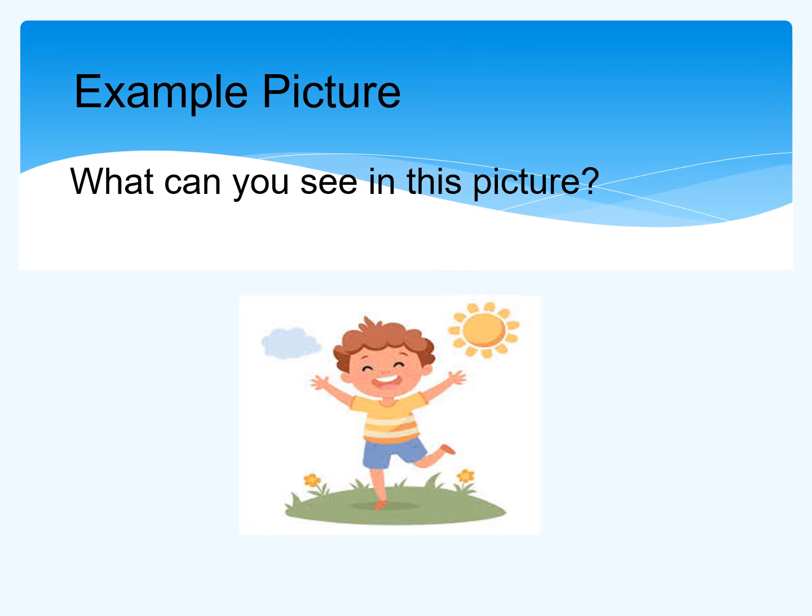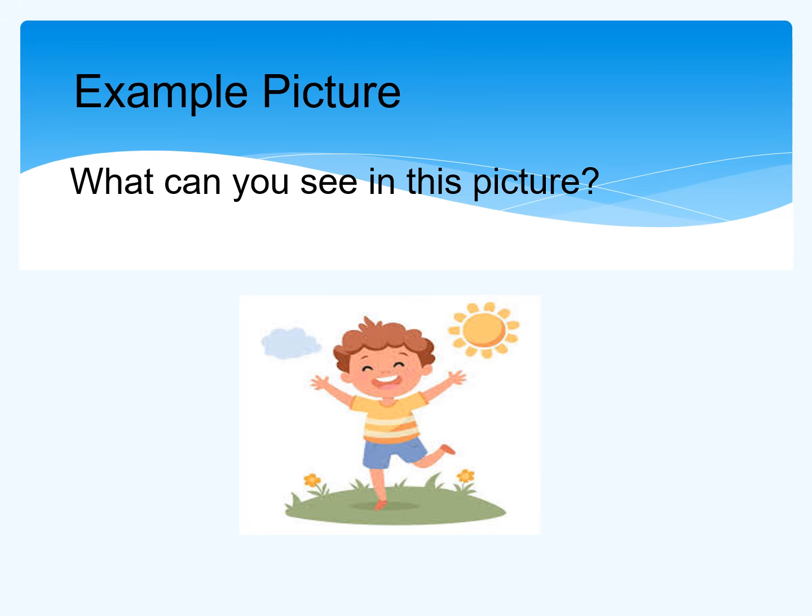You can see he's happy and he's playing. You can also see that there is sun in the background. There's a cloud also in the sky. The green grass, the flowers show that he is in a playground or a park, right?